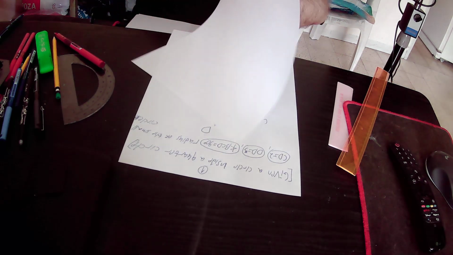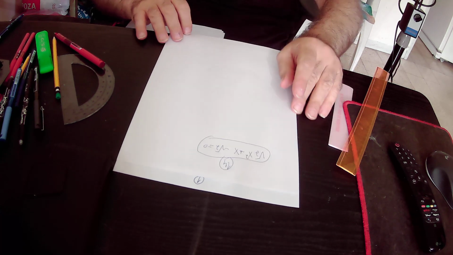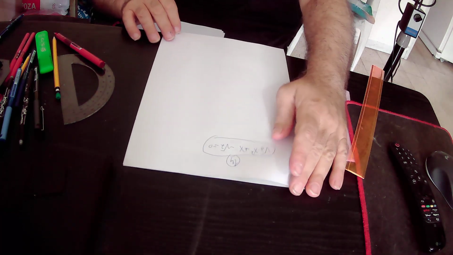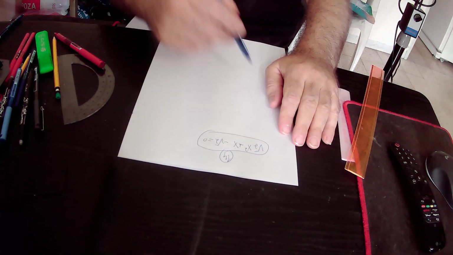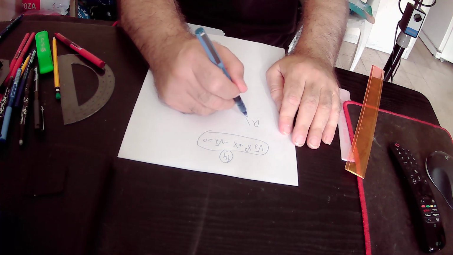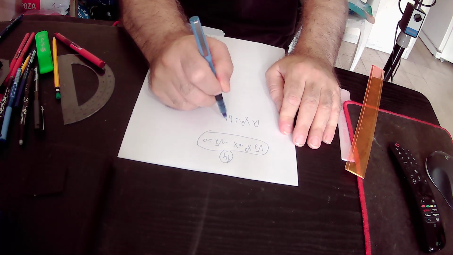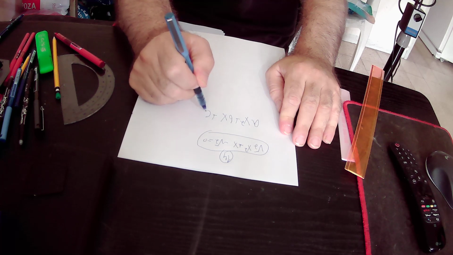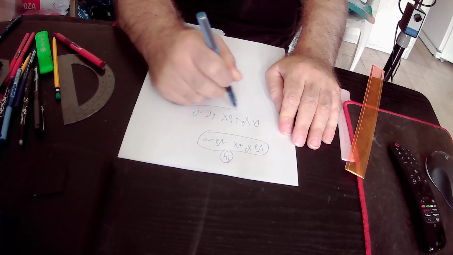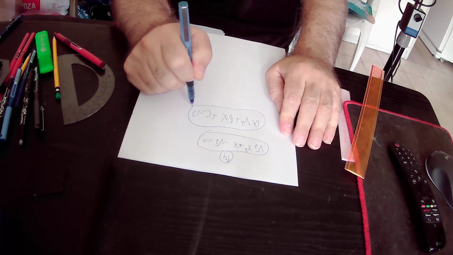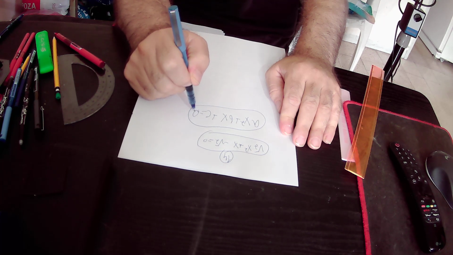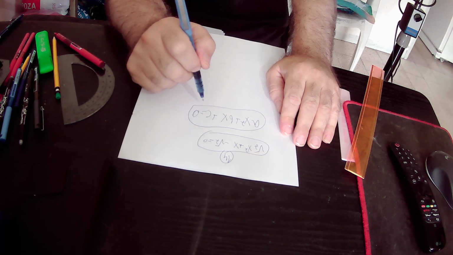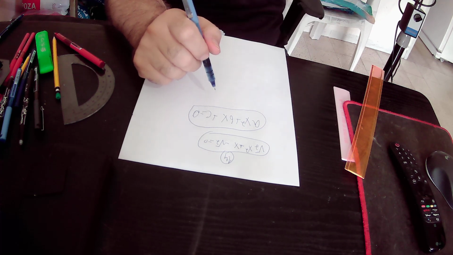We know that the general form of a quadratic equation is ax squared plus bx plus c equals 0, where a, b, and c are the coefficients of the quadratic equation and x is the variable that we want to find.